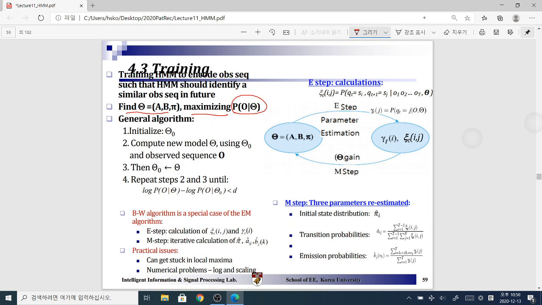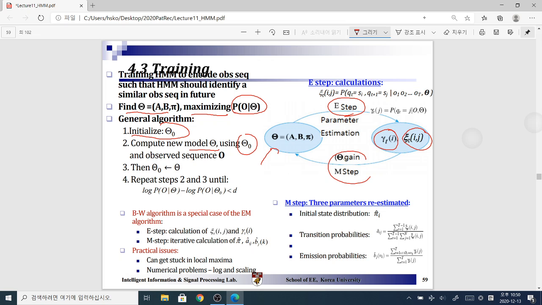The way it is going to be done is that we first initialize the parameters. Using the initialized parameter theta sub 0, we compute the model by the E step, which involves finding the transition probability psi sub t of ij, as well as gamma sub t of i.